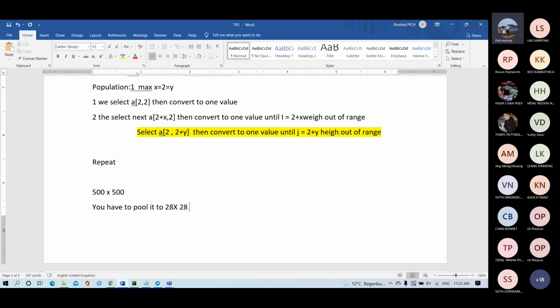So when you make the pooling, if the result of your pooling is less than or equal to 28 multiplied by 28, you stop pooling.